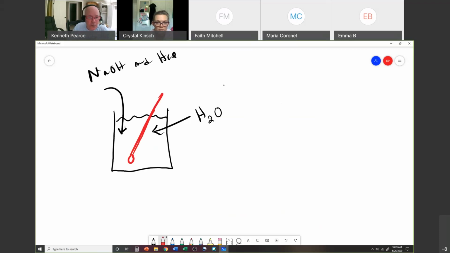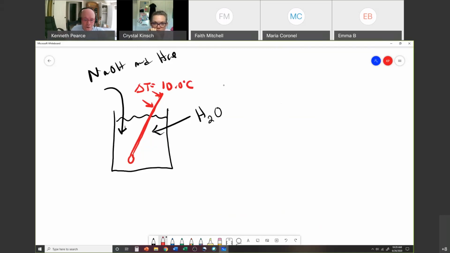We see the temperature goes up from here to there, and that's delta T. Let's say its delta T is 10.0 degrees Celsius. Change in temperature is final minus initial. That's what delta means, change. And we see there's a change in temperature when you dump the two in here.